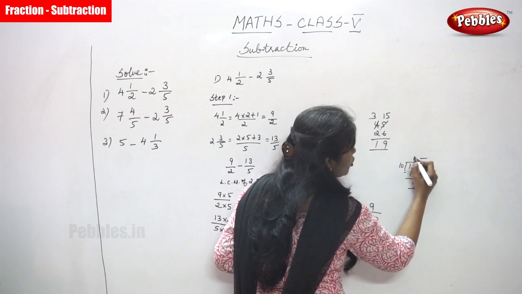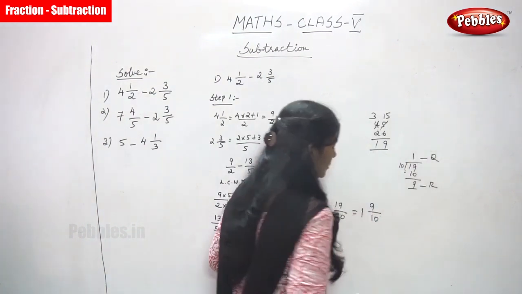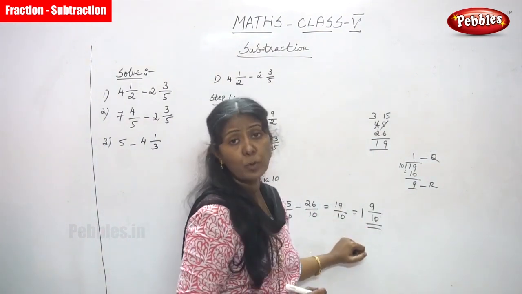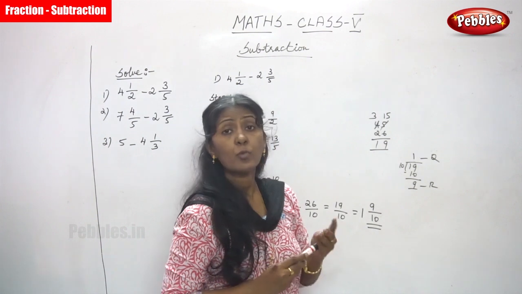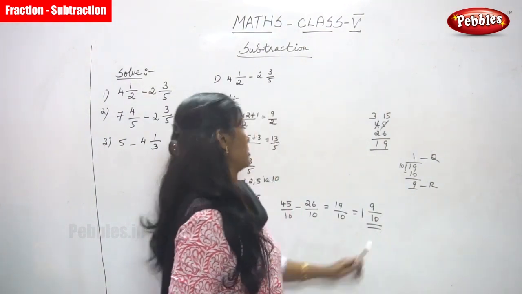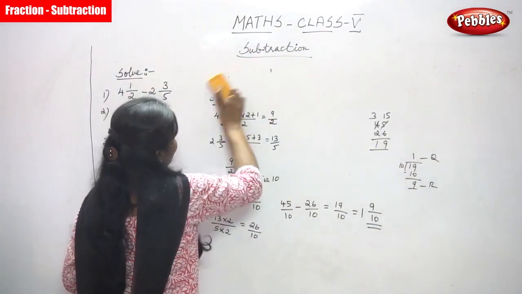This is the quotient and this is the remainder. So 1 is a whole number and 9 by 10 is a proper fraction. So the answer is 1 9 by 10. That's the right answer for this question. So the first sum is done, and now we are going to see the second sum.